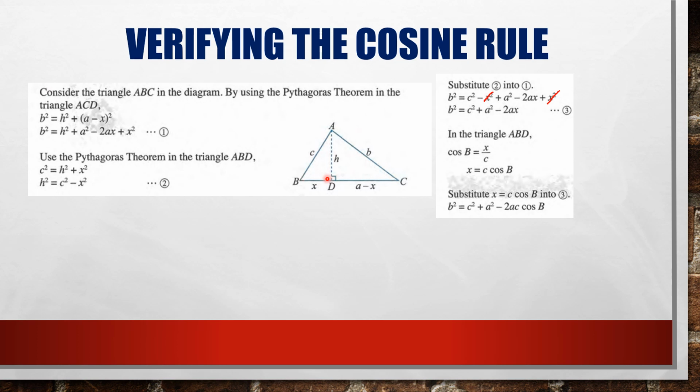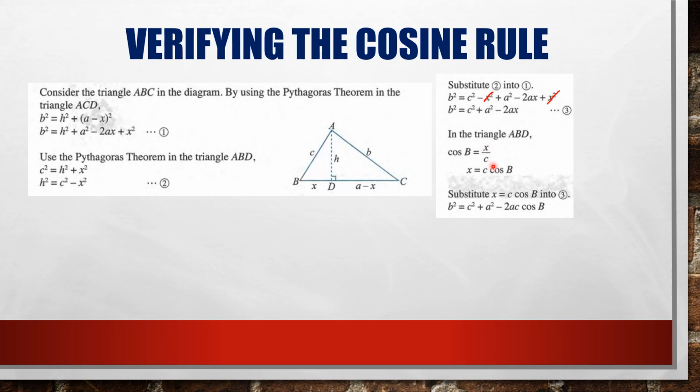Since this is a right angle triangle, we use trigonometry, that is cosine equals adjacent over hypotenuse. We can use cos B, because x is the adjacent for angle B. So cos B equals adjacent x over c.